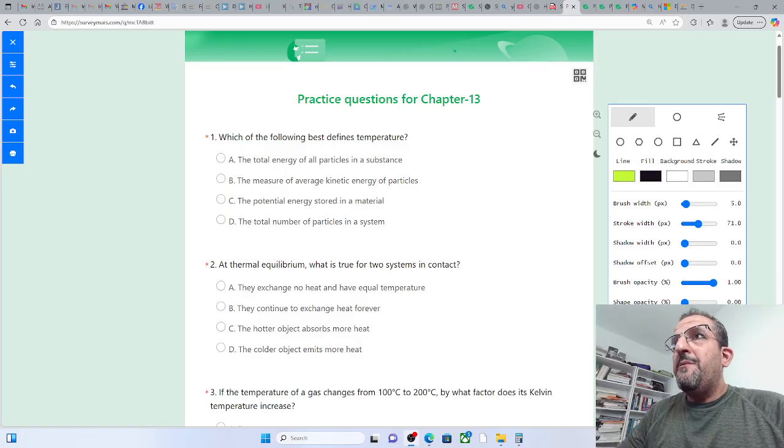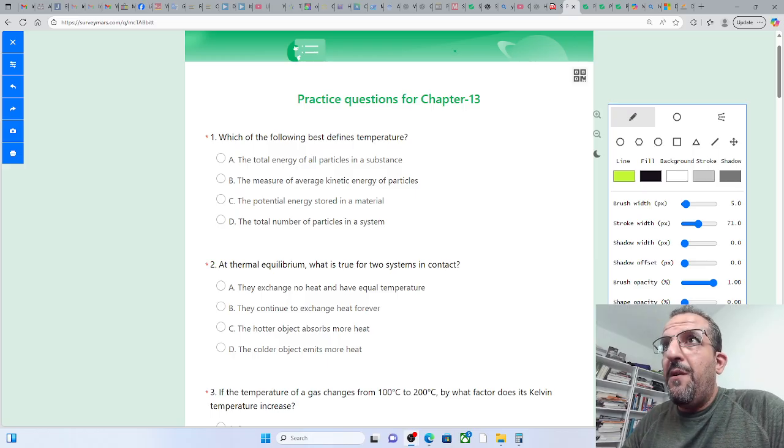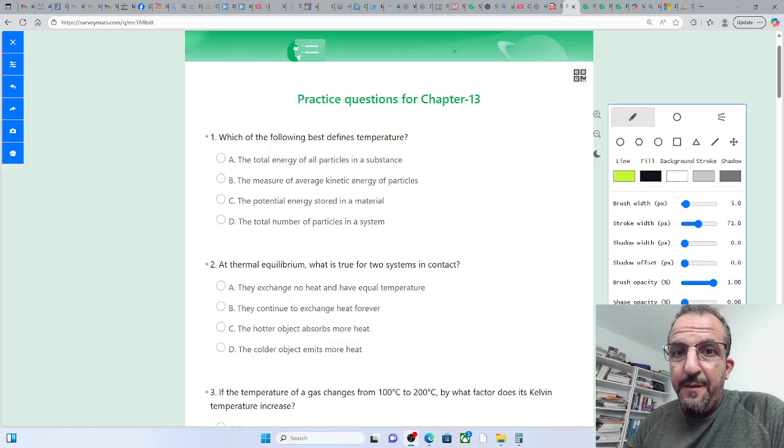So as you can see right here, we have a simple question. This simple question asks which of the following best defines temperature. We did some of these questions in the classroom, but I will go through them again.